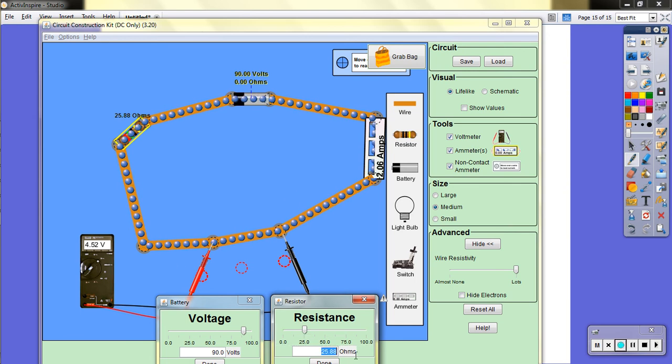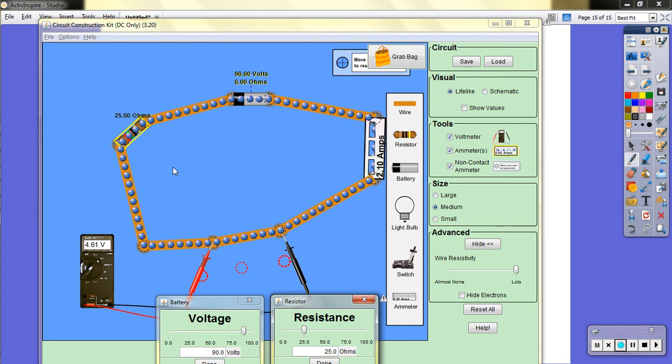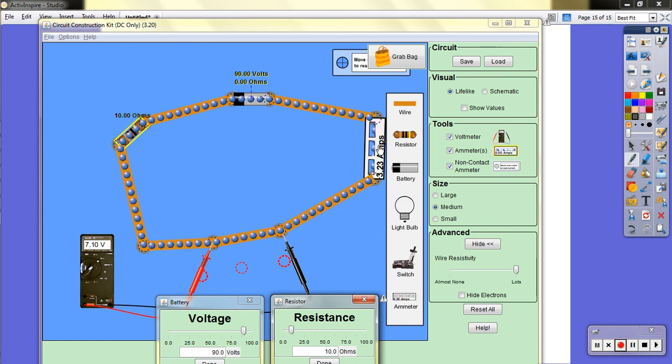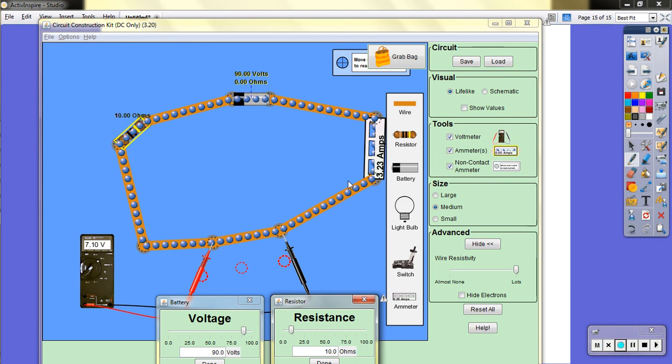When I do that, you'll notice that the current increases a bit and my voltage changes just a little bit, and I can keep working out R equals V over I. I can keep doing that over and over again at different resistances on my variable resistor. So we'll put it to 10 ohms just to see what happens. Every time I do that calculation of R equals V over I, I should get the same number, and that tells me the resistance of my wire.